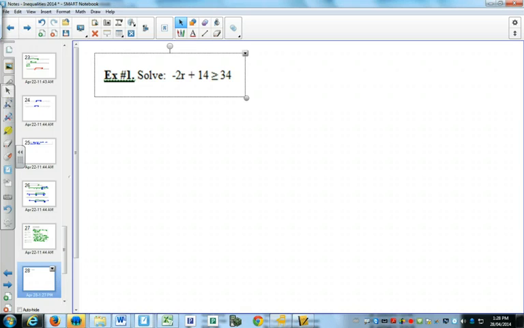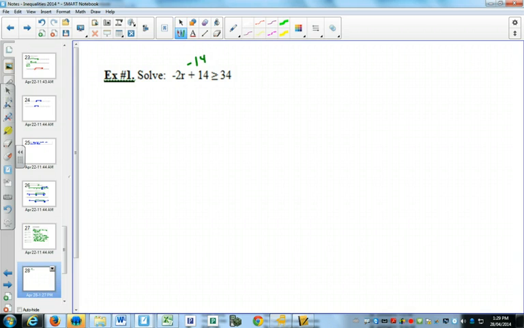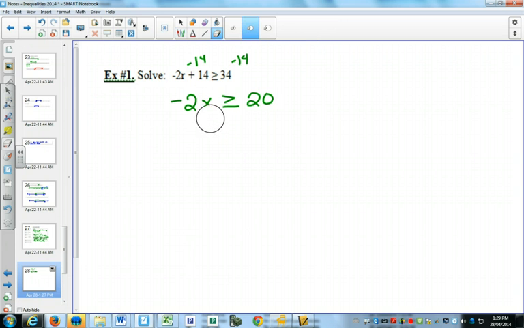So if we were solving this like it was an equal sign here, can you see that 14 and 34 are like terms? You could put them together by subtracting 14 on both sides. That would give you minus 2r is bigger than or equal to 20.